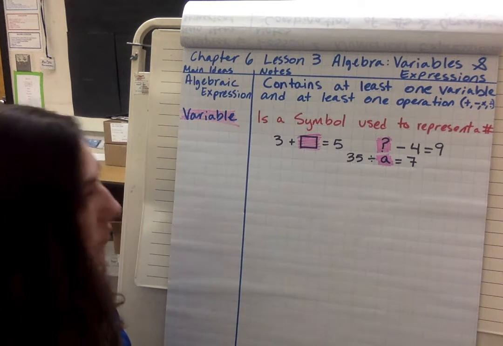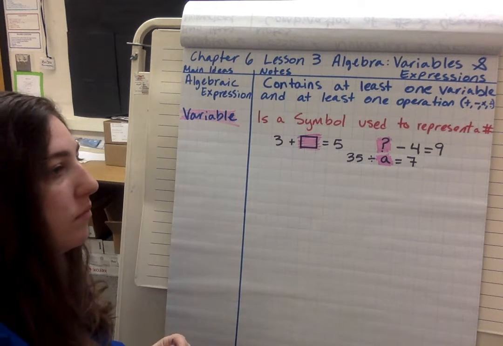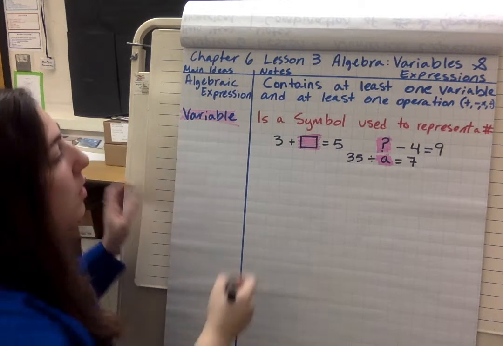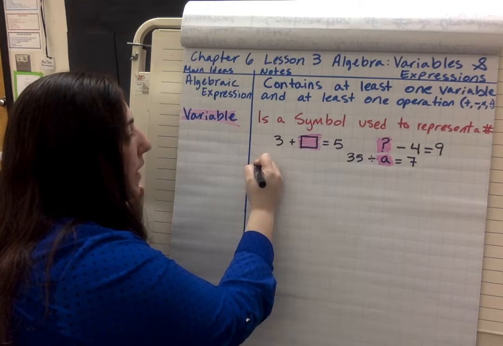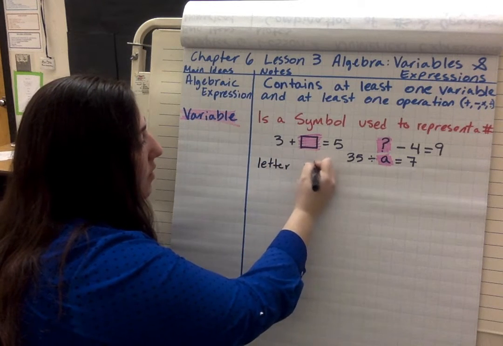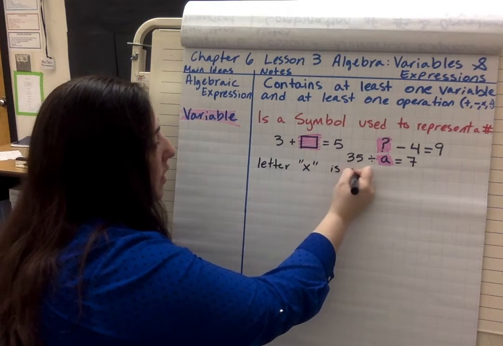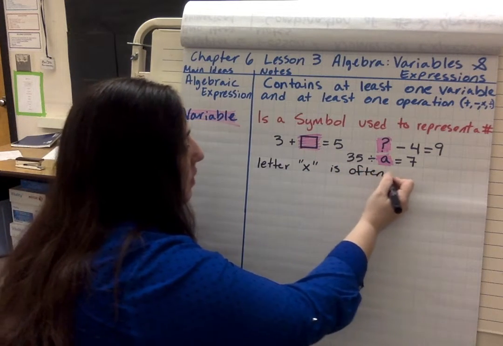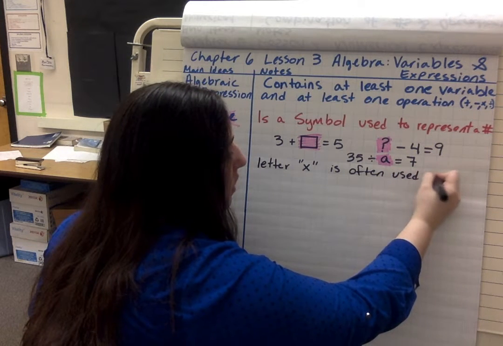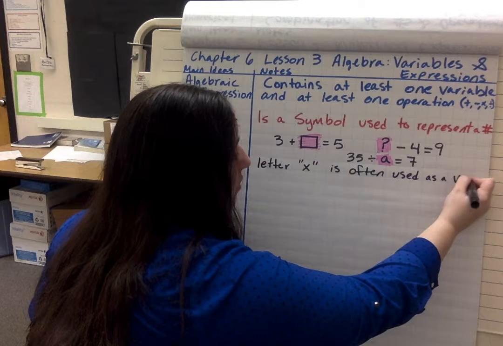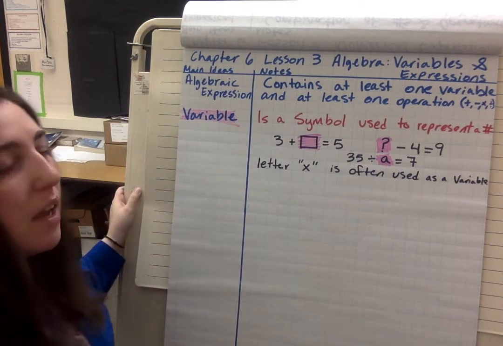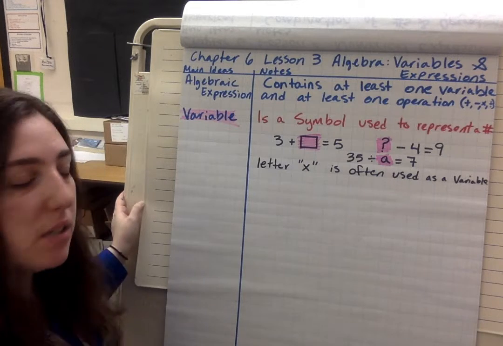And I'm just going to put right here the letter X is often used as a variable. Okay. X and Y, but mostly X you'll see used as a variable.